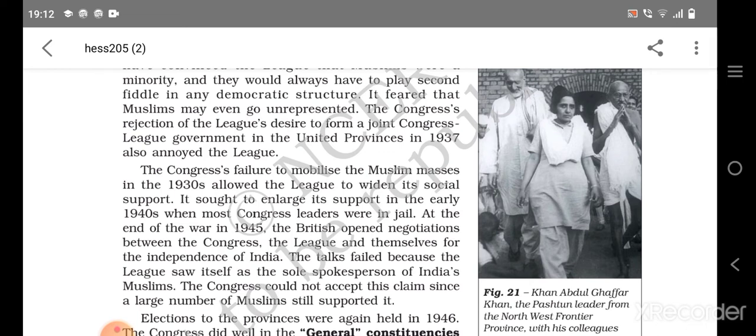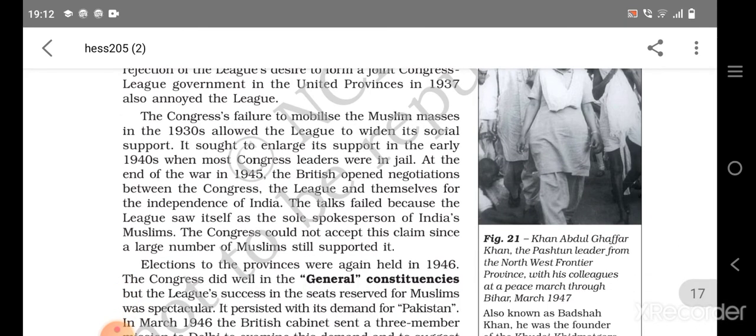And Congress could not accept this claim, since a large number of Muslims still supported it. Congress was not accepting this. Maybe even after knowing that a large number of Muslim people were supporting this idea, they still did not want it. So today we are going to do this much of this topic.